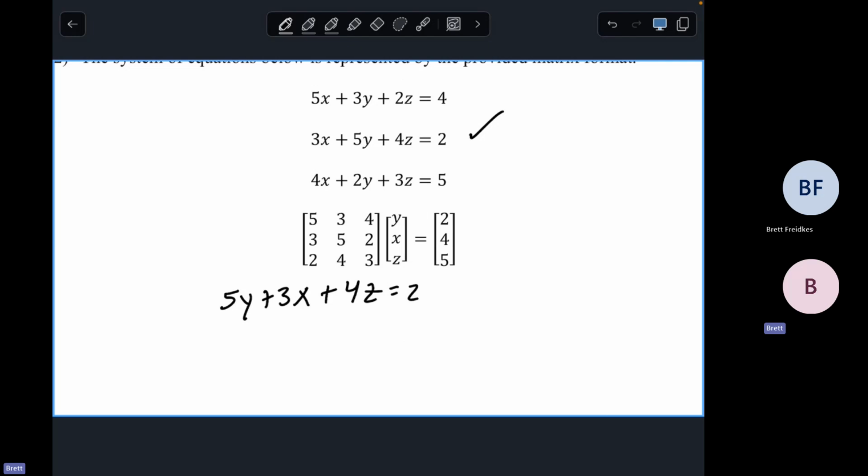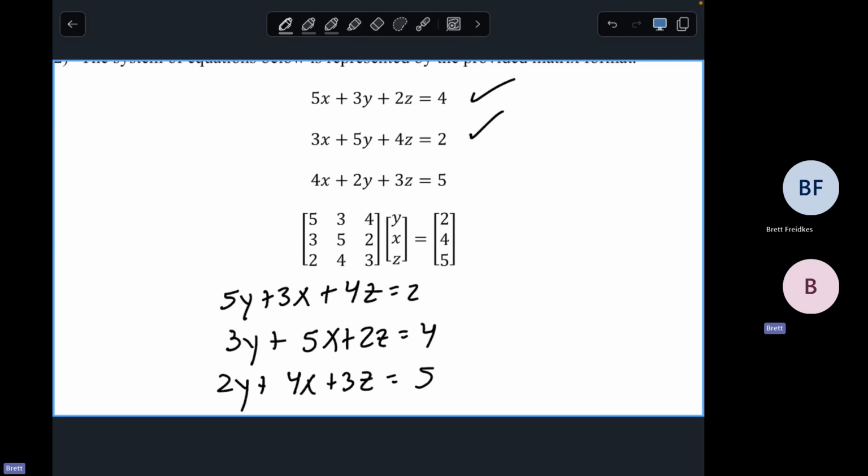Same deal. Lewis, what's the next equation? Is that there? That's the top equation. The last one is 2y plus 4x plus 3z is equal to 5. That is also there. That's true.